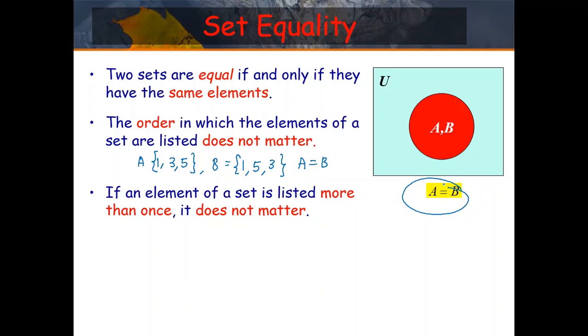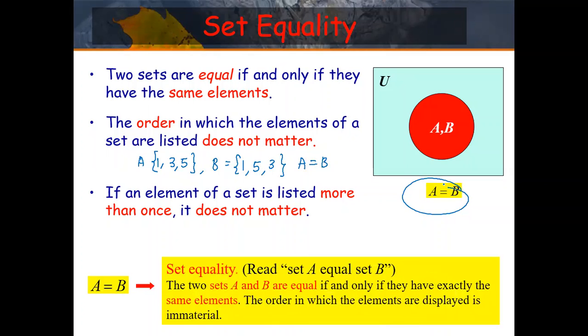And even if the elements are listed more than once, it doesn't matter. For example, you have a set A: 3, 5, 1.